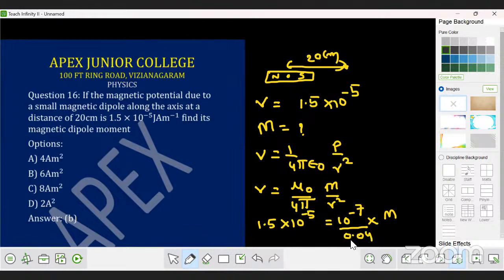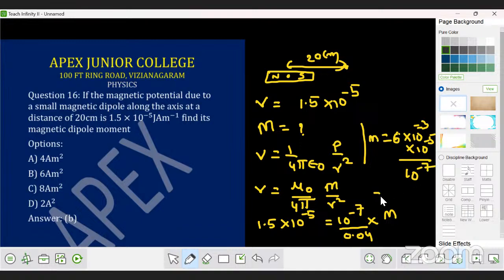Okay. By calculating all of this, you will get M equal to 0.04 into 1.5. How much will it be? 6 into 10 power minus 3, into 10 power minus 5 is also there, divided by 10 power minus 7.